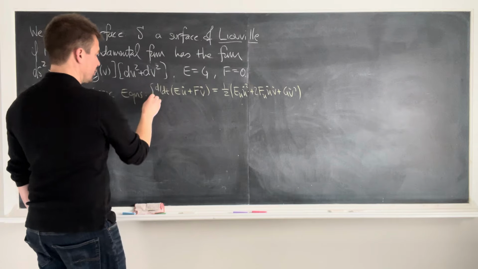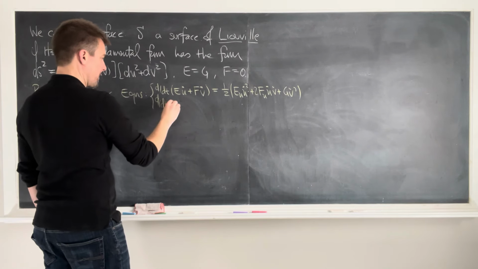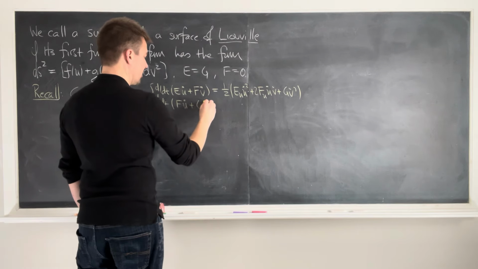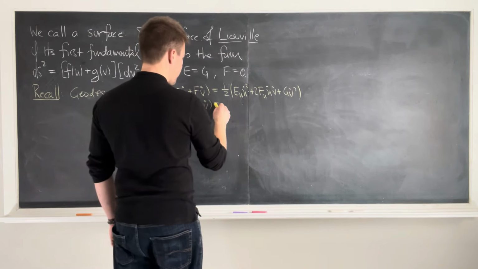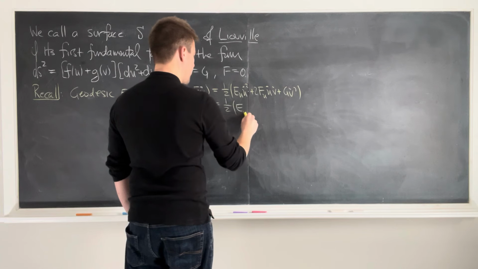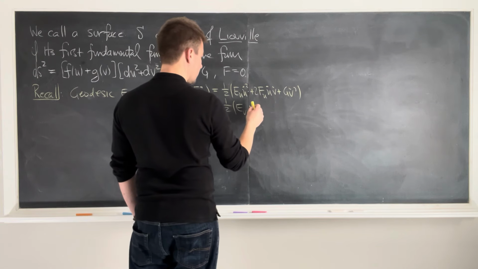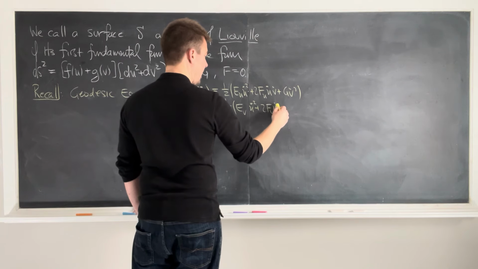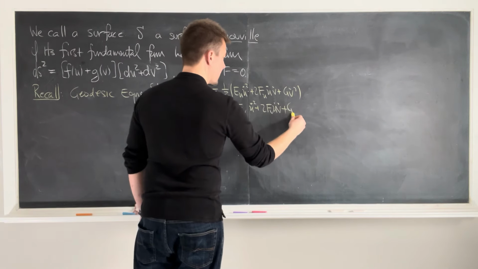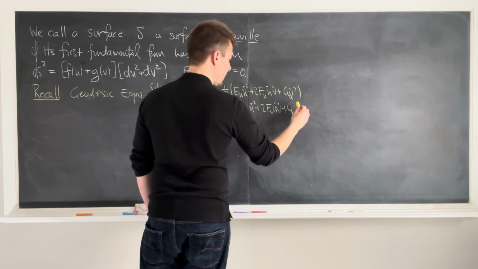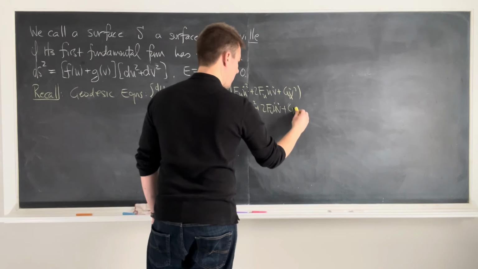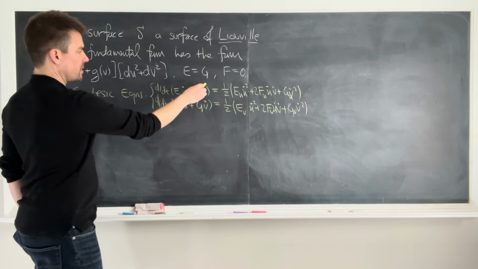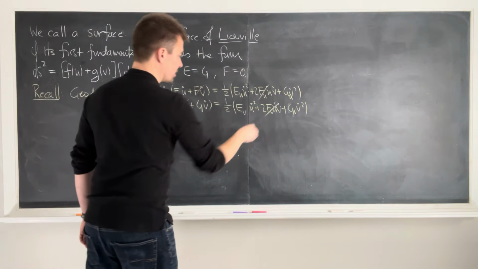And the second geodesic equation is d by dt of F u dot plus G v dot is 1/2 (E_v u dot squared plus 2F_v u dot v dot plus G_v v dot squared). Beautiful. Now there's no F's in these equations, so these terms are gone for us, right?